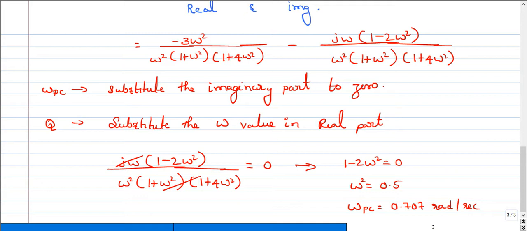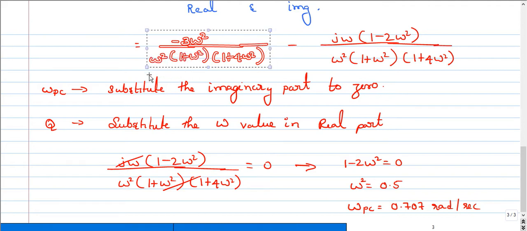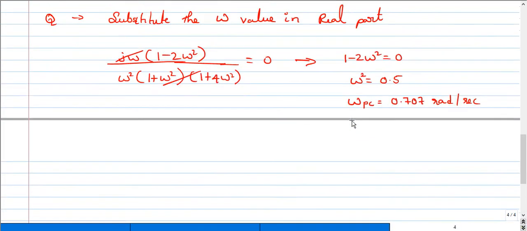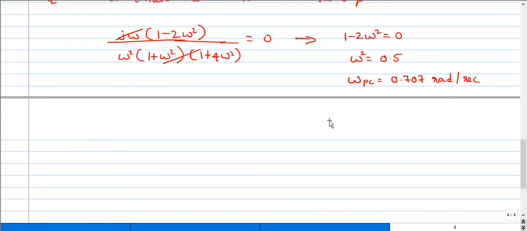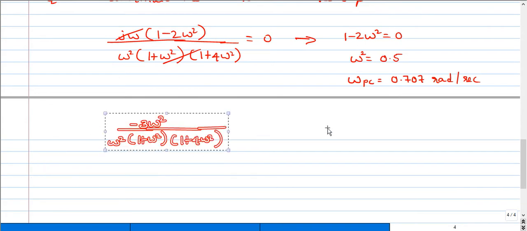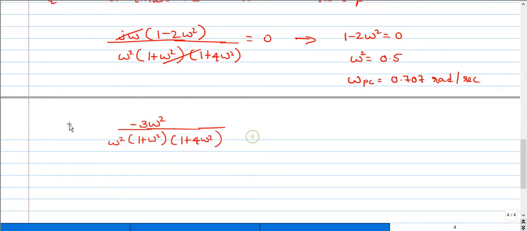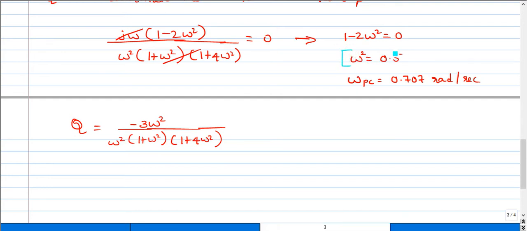And next, this omega value, if I substitute it into the real part, let me copy that. So this is the real part. To find the value of Q, I need to substitute the omega square value here.